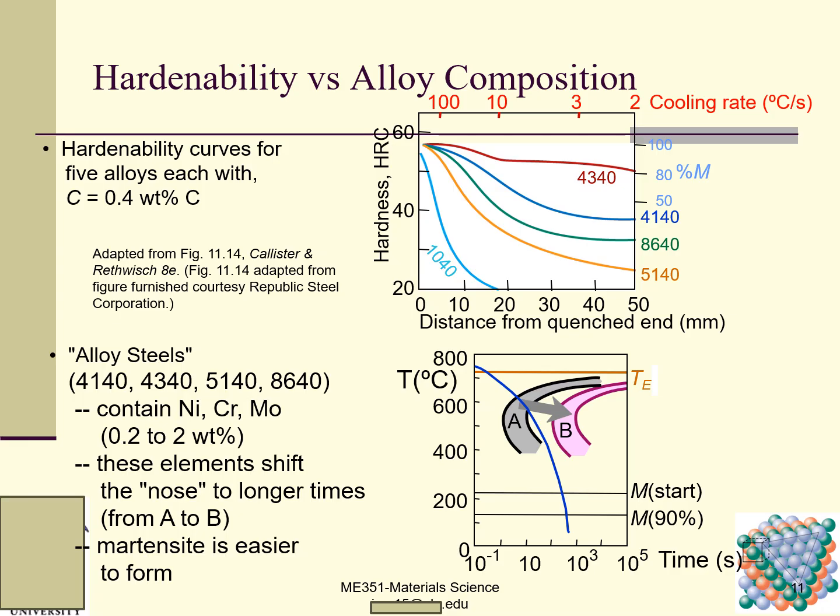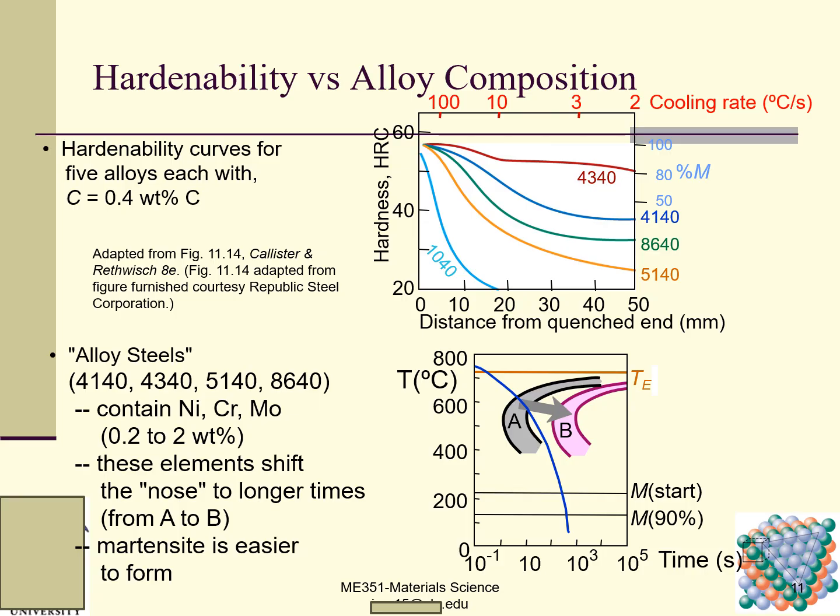I hope you can explain this either in the quiz or in the upcoming exam. This is very important. I might ask, what is the significance of adding alloying elements to plain steel in terms of hardenability? You should be able to tell me that alloying elements retard the phase transformation curves.